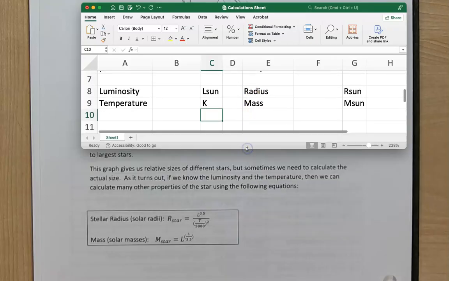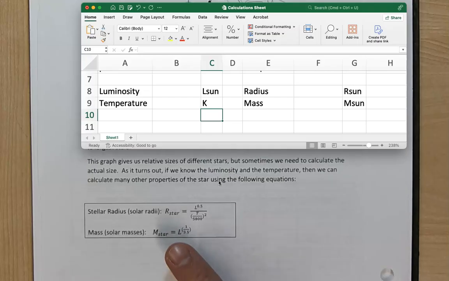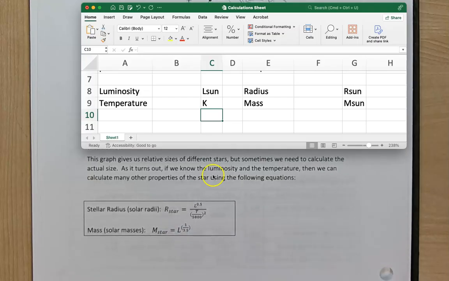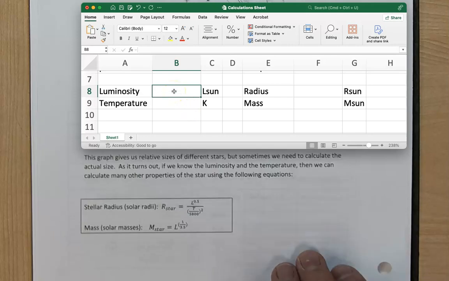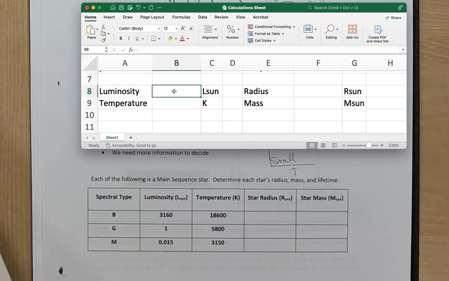Now the luminosity and the temperature are our inputs. Those are the variables that we're going to enter in order to calculate the radius and the mass. So let's look at our first example here. The first problem with the B-type star has a luminosity of 3160 and a temperature of 18,600 Kelvin.